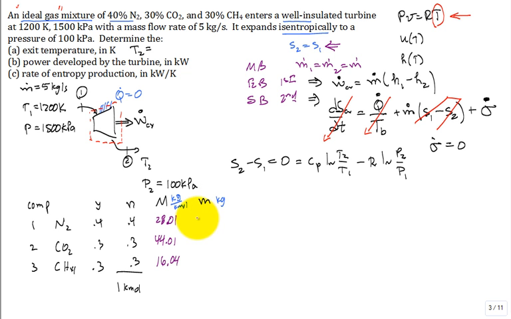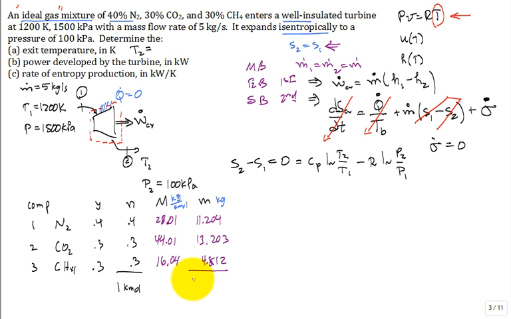Well, I just take and multiply the amount times the molar mass. True? And so that gives me a mass of the mixture that is 11.204 kilograms and 13.203 kilograms and 4.812 kilograms.